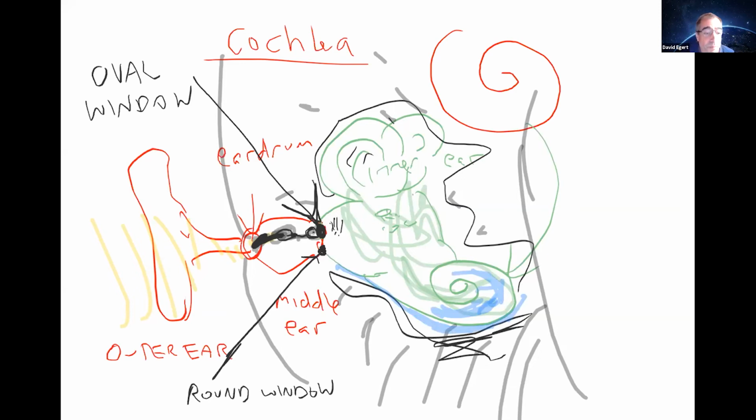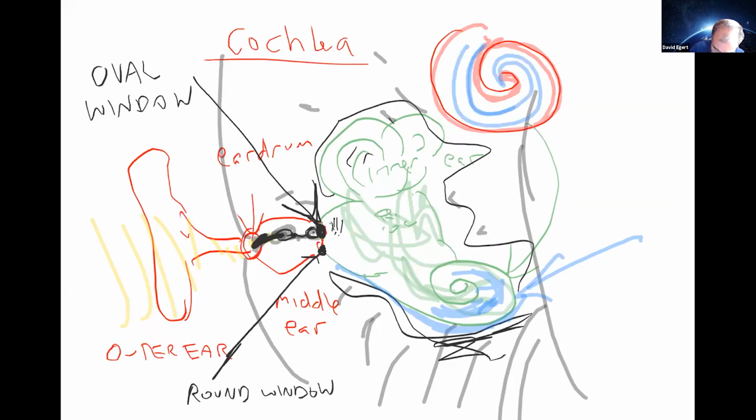So for the purposes of this class, don't worry about all of the details of the anatomy. Mainly what we're going to talk about are 3 ducts that end up like this snail that we are seeing here with 2.5 turns of the snail, because there's also this membranous labyrinth inside going up the snail.